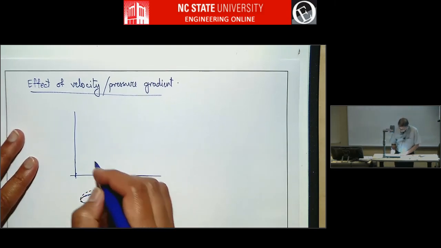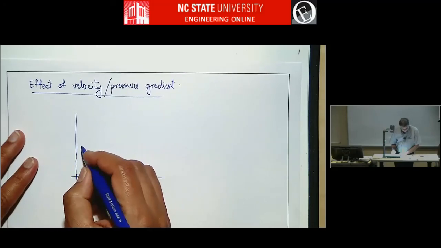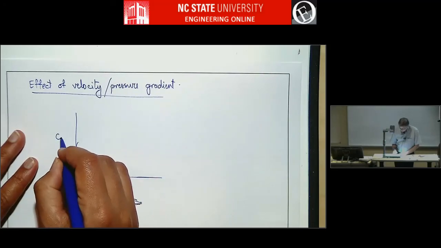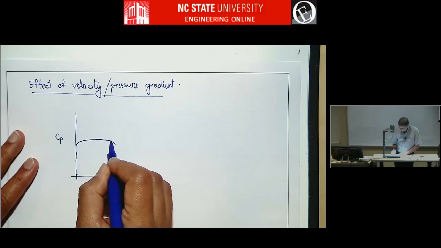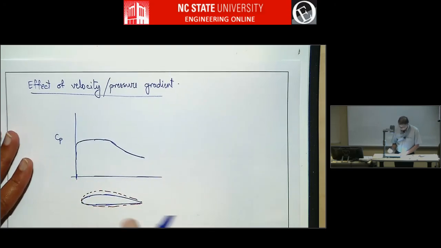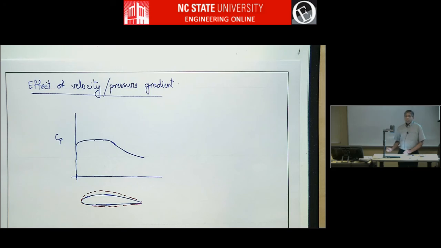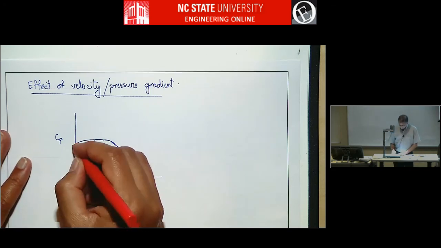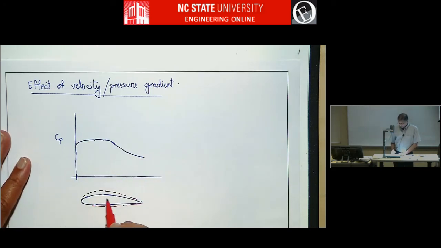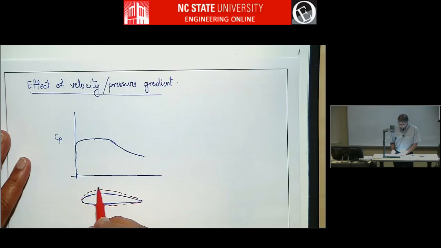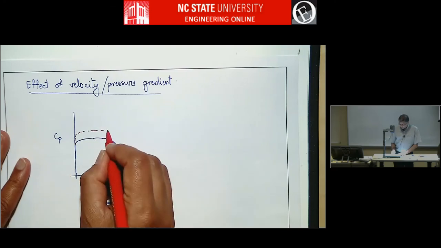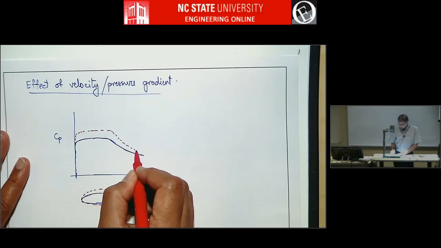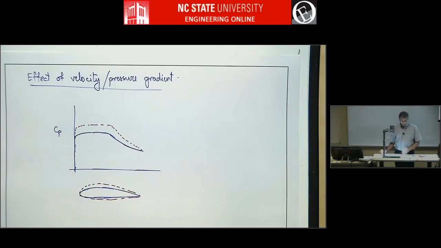So let's say the thinner airfoil has a CP distribution that looks like this maybe. The thicker airfoil, because it is thick, there will be more suction on the upper surface, and then it will come back to the same place. So it'll have more suction, and then therefore it has to come down back to about the same point.